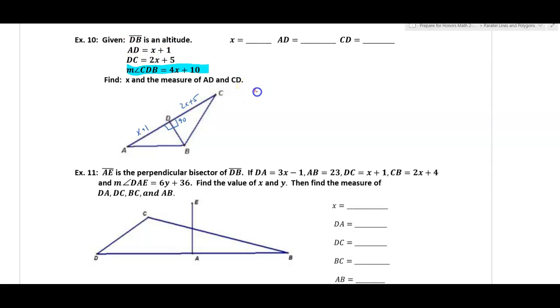I know 4x plus 4x plus 10 is equal to 90. Subtract 10, 4x is equal to 80. Divide, x is equal to 20. Now I can find AD and CD by plugging that in. 20 plus 1 is 21. 2 times 20 plus 5 is going to give you 45.